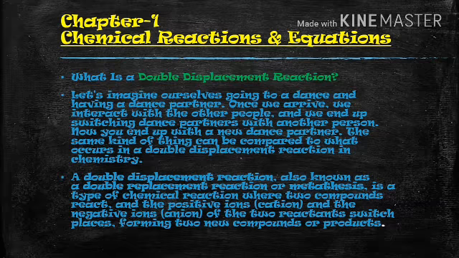A double displacement reaction, also known as a double replacement reaction or metathesis, is a type of chemical reaction where two compounds react and the positive ions called cations and the negative ions called anions of the two reactants switch places, forming two new compounds or products.